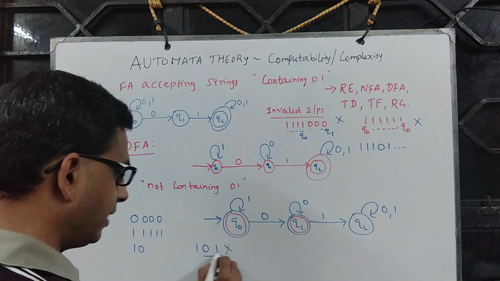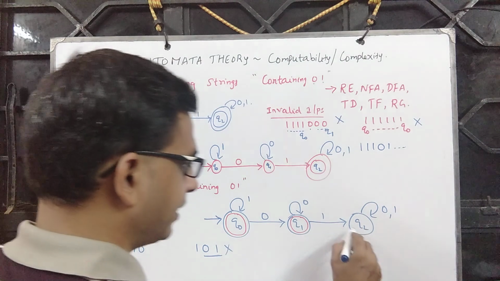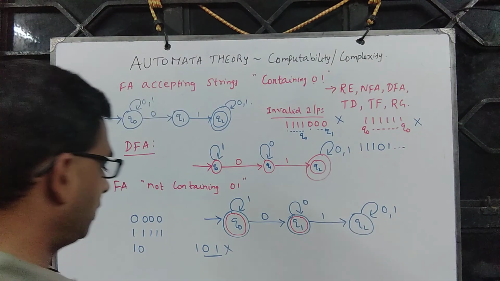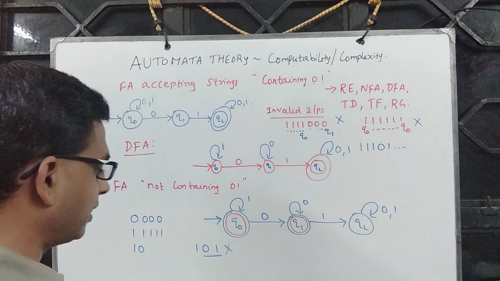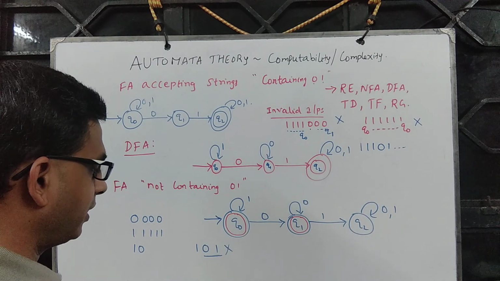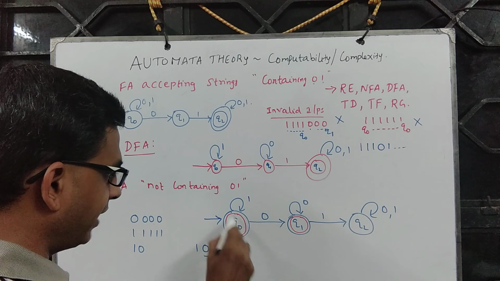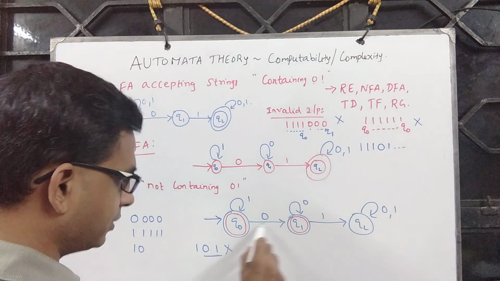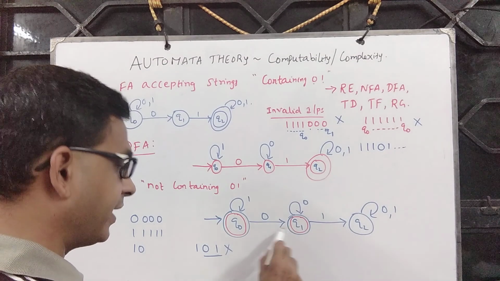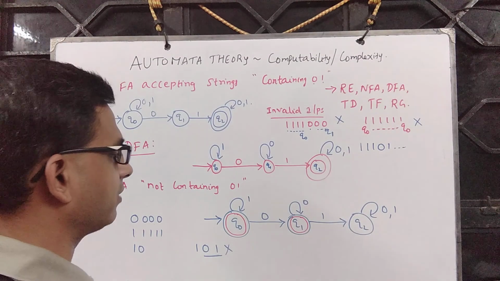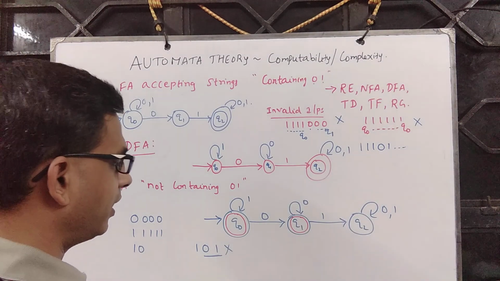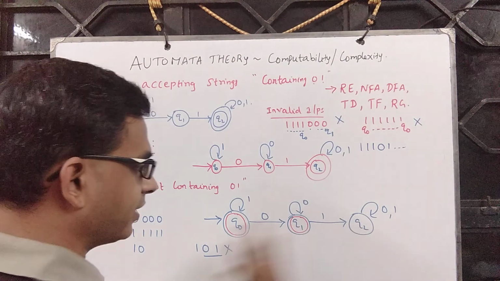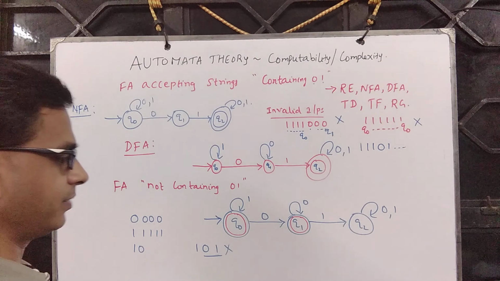And it may read any number of 1s, any number of 0s, and they all must be rejected, which is why we move here. So it is not containing 0 1, which means it can read any number of 1s followed by 0, and it can read any number of zeros after that. And the moment it reads a 1, it should be rejected.